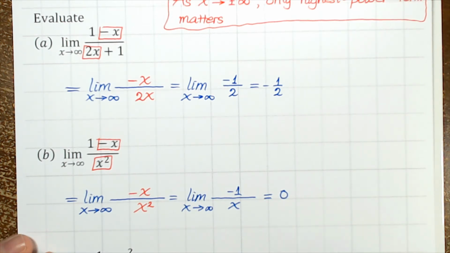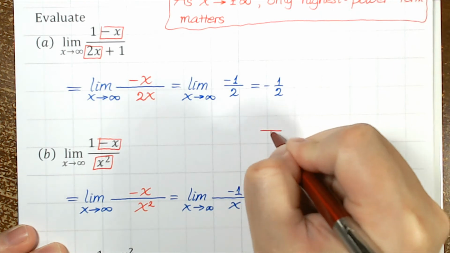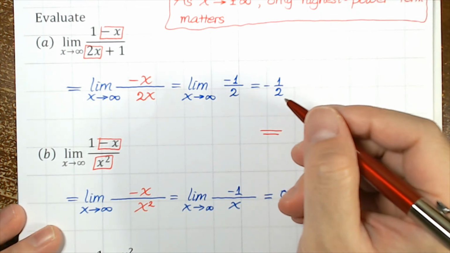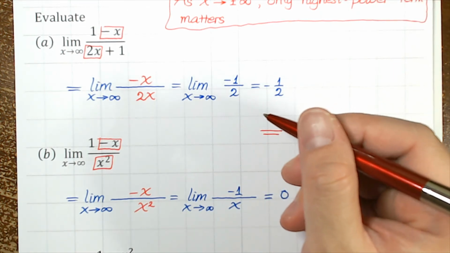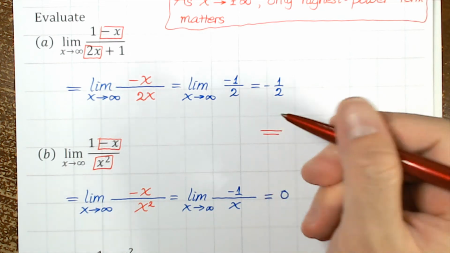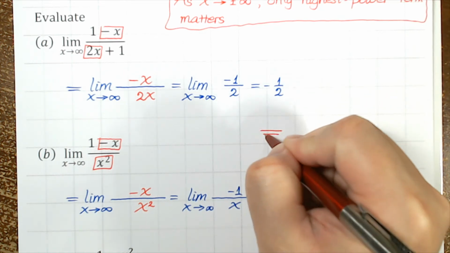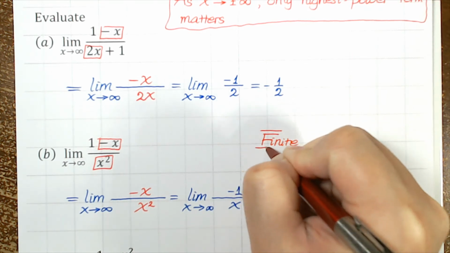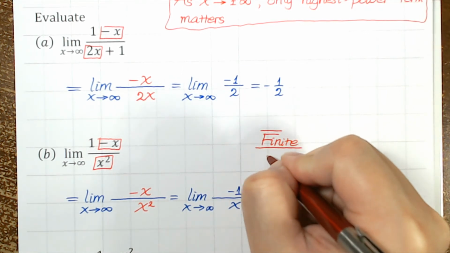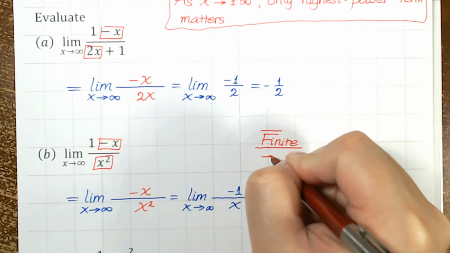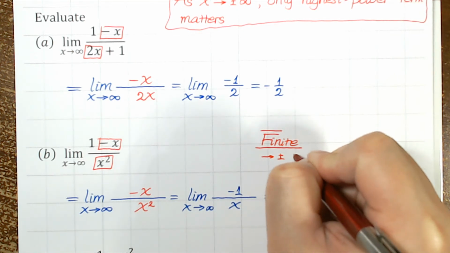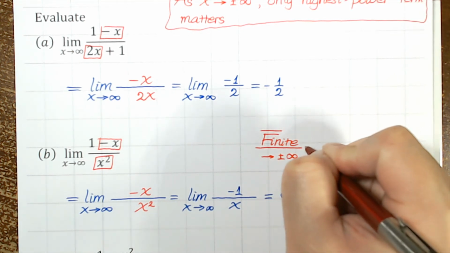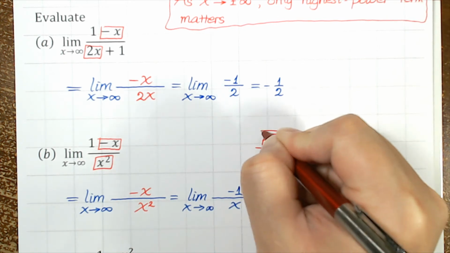So I will write this fact. If we have something that is finite, divided by something that goes to infinity or negative infinity, it will go to 0.